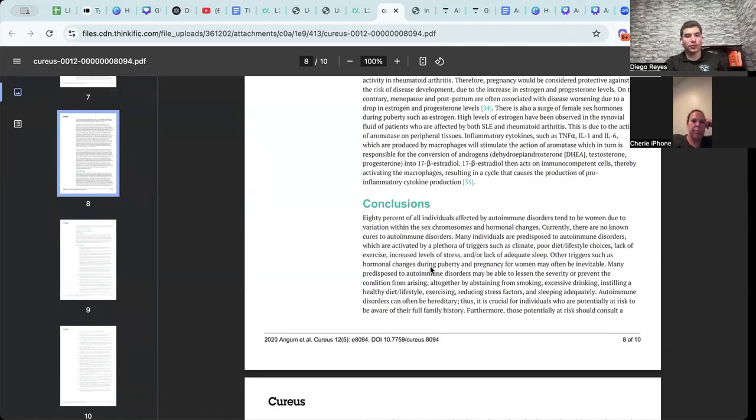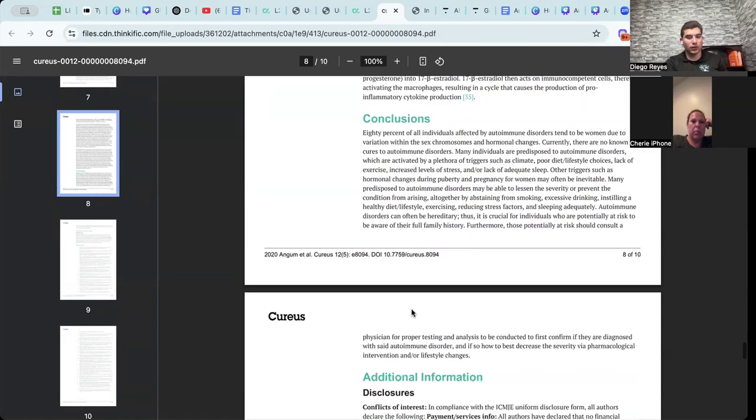Other hormonal changes during puberty and even pregnancy may often be inevitable. Many predisposed to autoimmune disorders may be able to lessen the severity or prevent the condition from arising altogether by abstaining from smoking, excessive drinking, and so on.